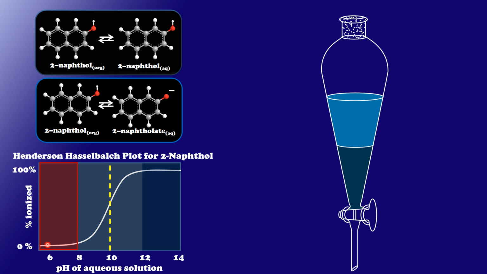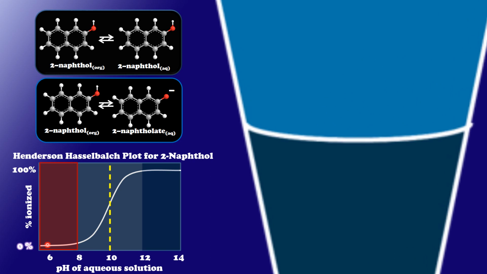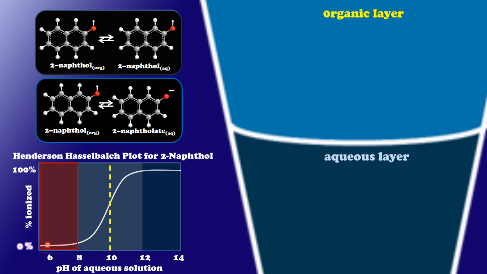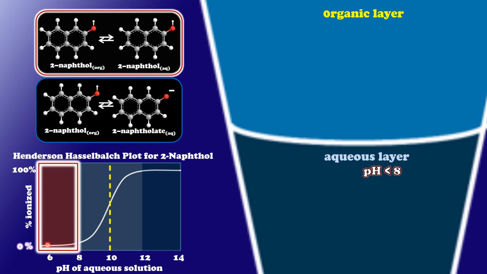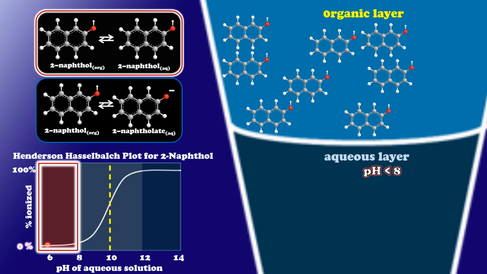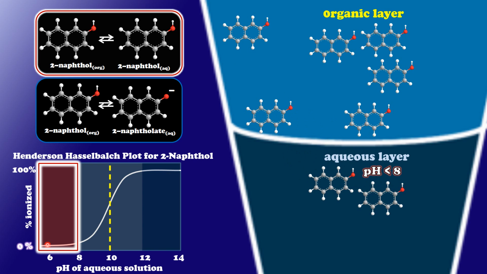Now let's take a look at what goes on in this interface between our two solvents as we change the aqueous layer pH. At pHs less than 8, we have a situation where the equilibrium is that between neutral naphthol in the organic and neutral naphthol in the water, meaning that it's going to prefer to be in the organic phase, and only a small amount will dissolve into the water.